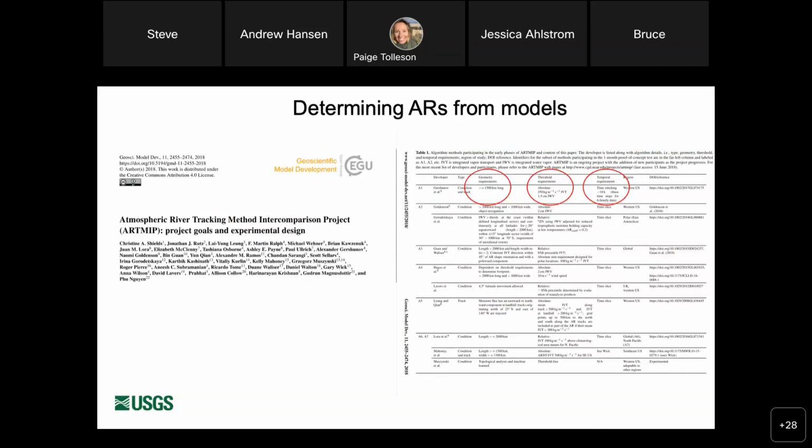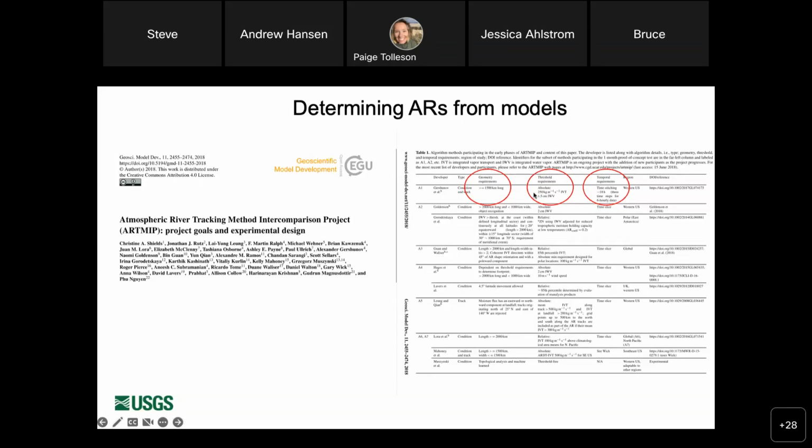And this is just an example of a study that a colleague of mine at NCAR ran, where they compared a number of different tracking methods to see how they compare in terms of being able to identify ARs in climate model simulations. This was done basically on observed data, but the goal is to be able to do this with models. I think there were 15 participating groups in this.